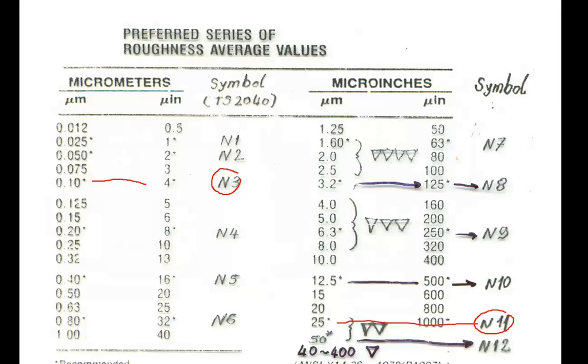How about the smaller roughness values? Using the finger test is impossible, because it is impossible to sense a roughness value smaller than 1.6 micrometer.